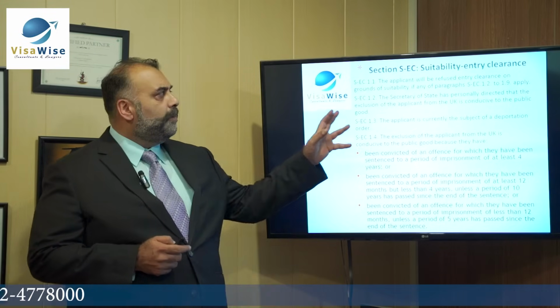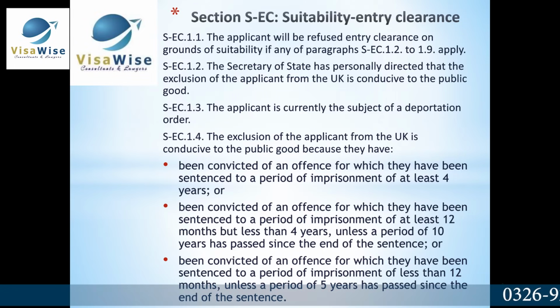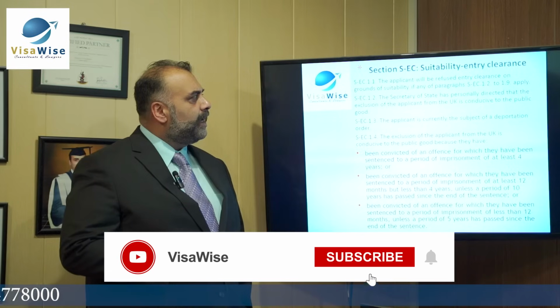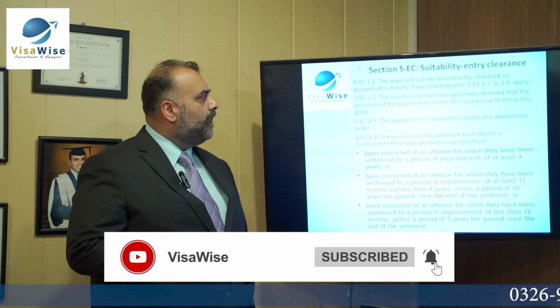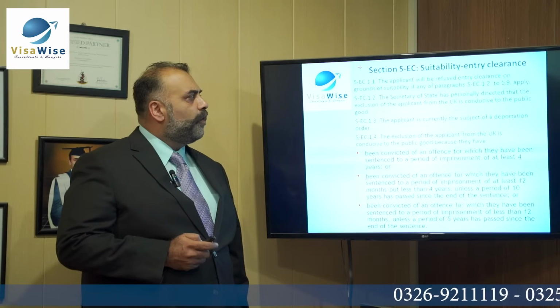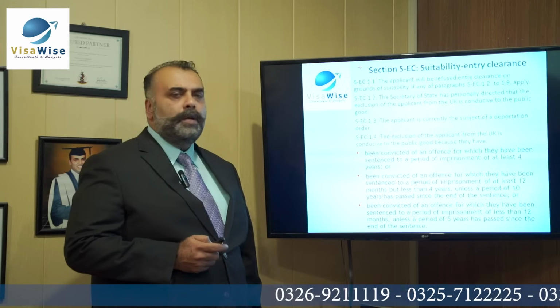So suitability starts from SEC 1.1. It says that the applicant will be refused entry on the grounds of suitability if any of paragraphs 1.2 to 1.9 apply. So 1.2 states that the Secretary of State has personally directed that the exclusion of the applicant from the UK is conducive to the public good.